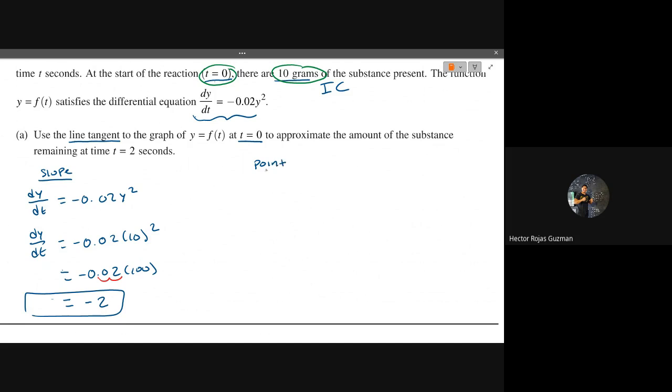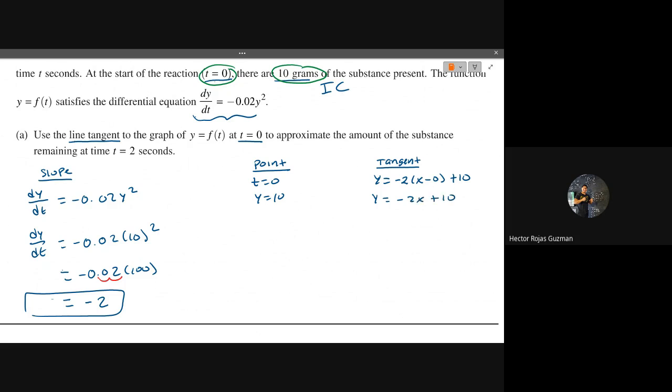My point at t equal to 0 is (0, 10). The problem says there's 10 grams present of the substance. So my tangent line is y equals m(x minus x1) plus y1, negative 2x plus 10.